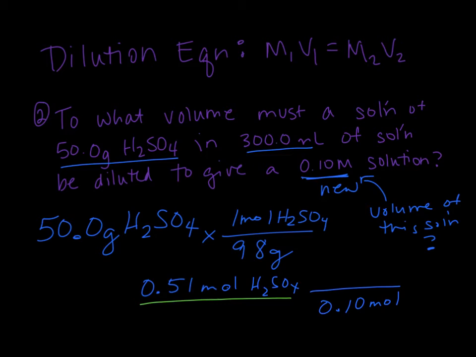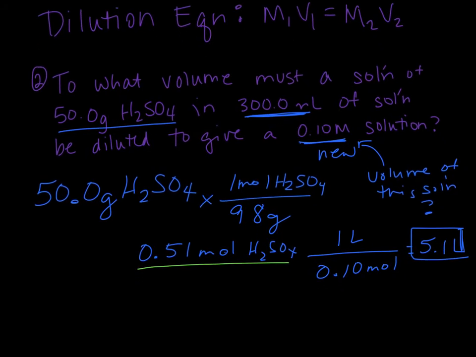So there's 0.1 moles in every single liter, right? So this is going to give me 5.1 liters. And that's how I would approach this problem. This 300 milliliters that's given to you in the problem, that really doesn't even matter.